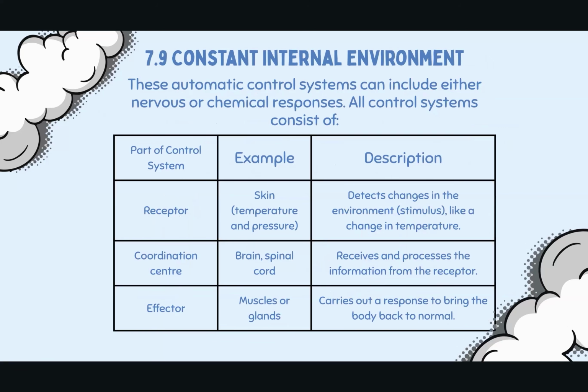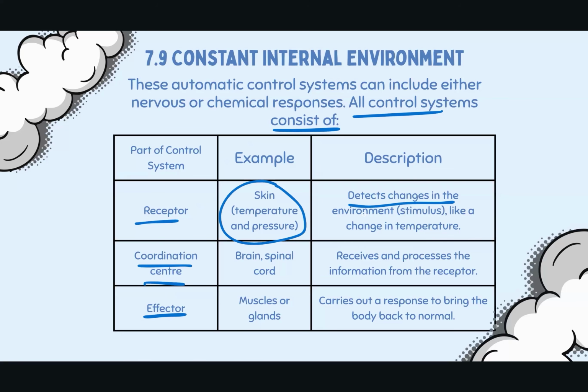So these automatic control systems can include either nervous or chemical responses. All control systems consist of receptors, coordination center, and effectors. You would have seen this when we did the nervous system. The receptor includes things like the skin, which detects temperature and pressure.